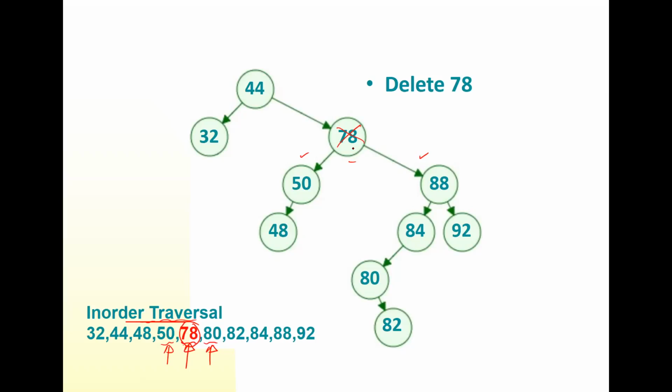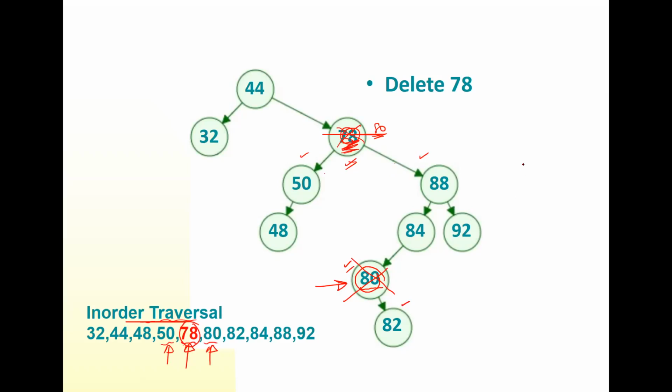Now let us suppose we are replacing the node to be deleted, 78, by its in-order successor. What is internally being done is this in-order successor value is being copied to the node to be deleted. This node remains as such, the value is being copied, and actually this 80 is being deleted from this side. That means, no doubt, we are deleting a node with two children, but indirectly we are deleting a node with one child node actually.